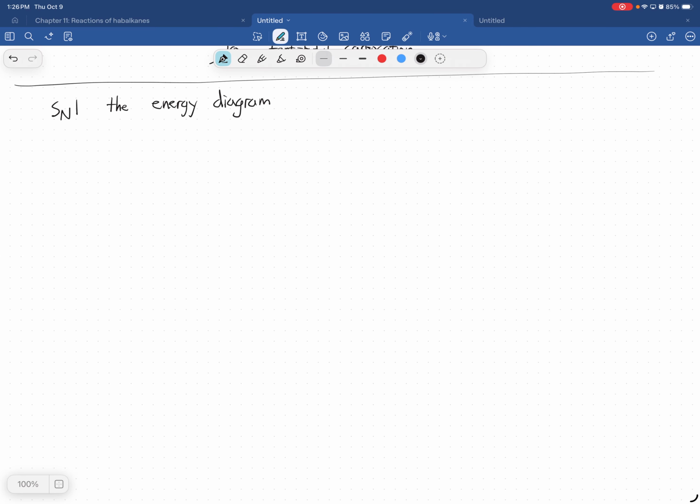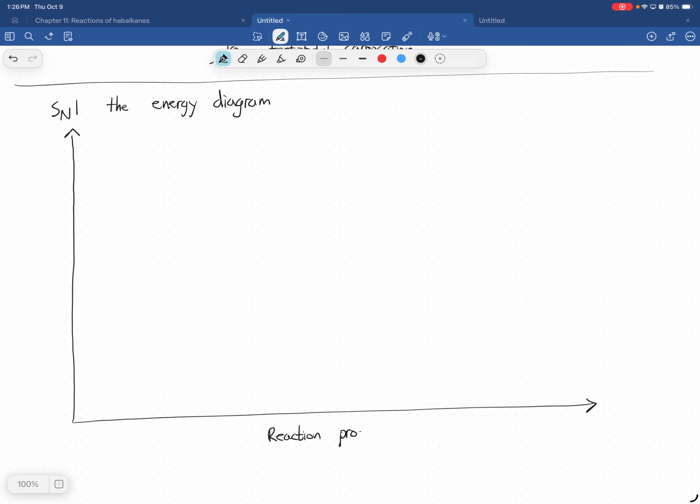I hope that shows. I don't want to go too far down or it might not show up on the screen. Remember, this is the reaction coordinate, or reaction progress, and this is energy.